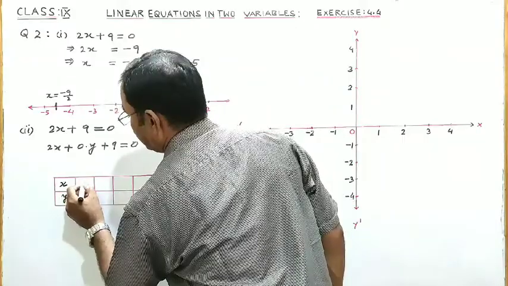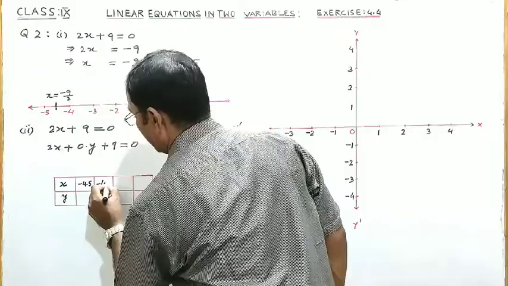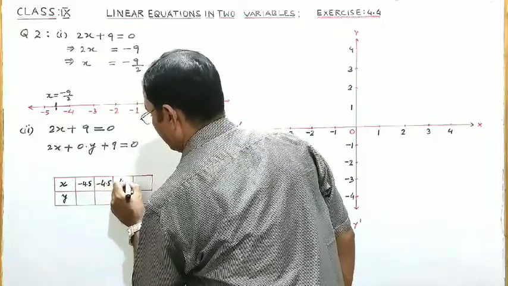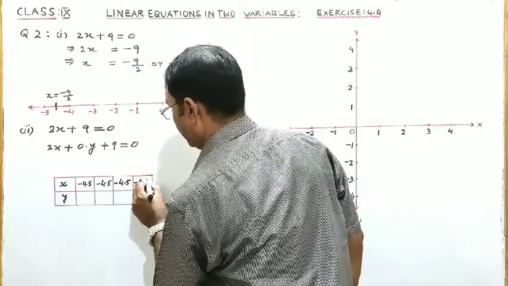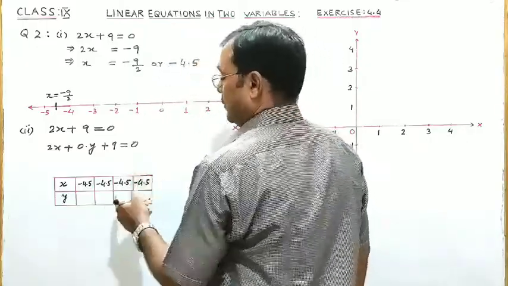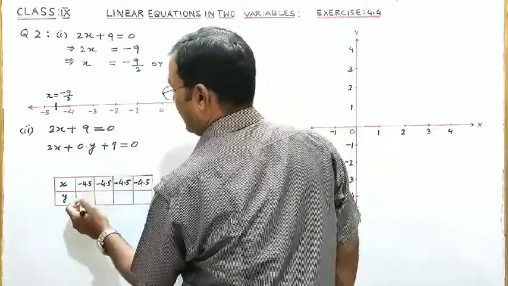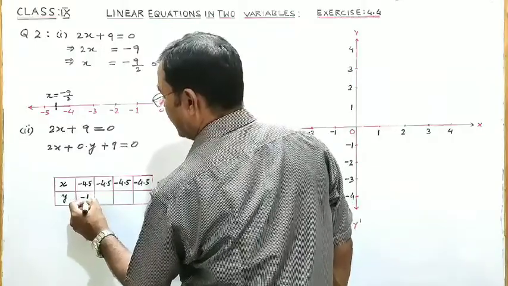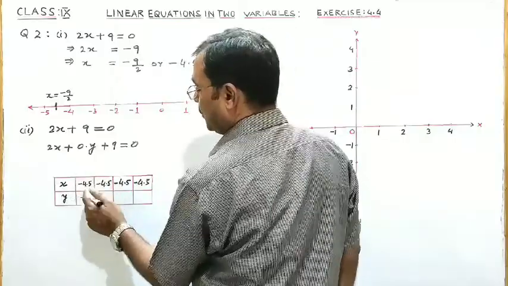So minus 4.5 will be written, because the value of x will always be minus 4.5, and if you write y as minus 1, then also the value of x will be minus 4.5.